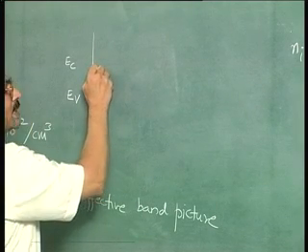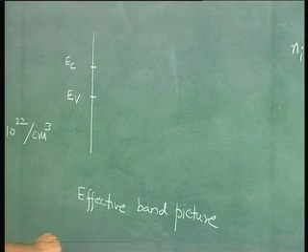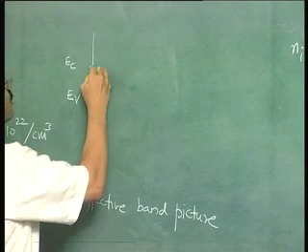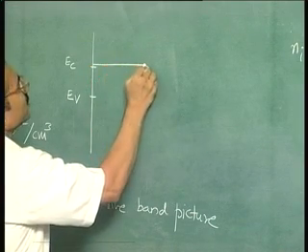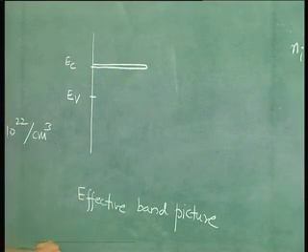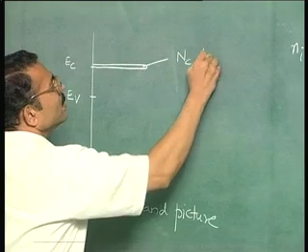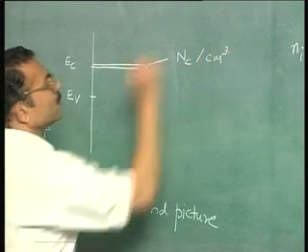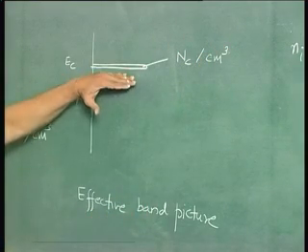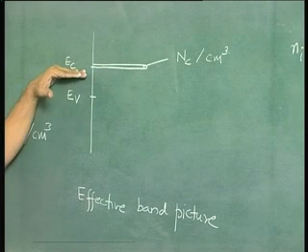So how do I represent all the Nc states at Ec? I should use a delta function representation. So I will represent it something like this. The area under this function is Nc per centimeter cube, available states at energy Ec, as though all are available at Ec.